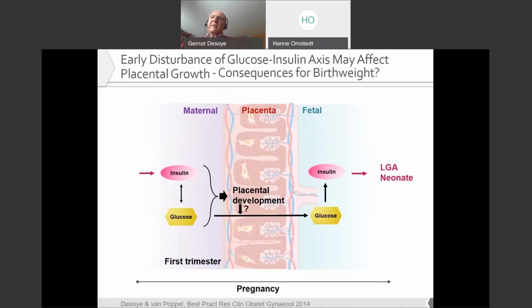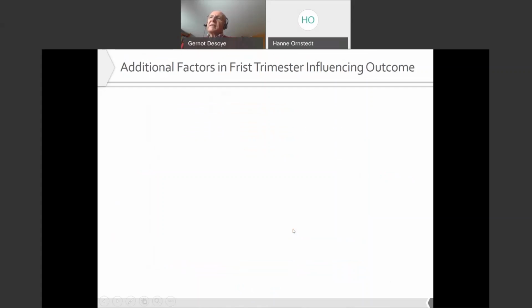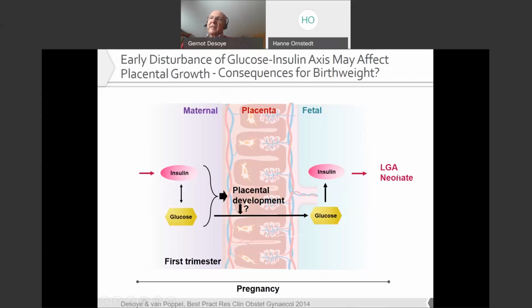And this, by whatever mechanisms, and there is a big question mark here, of course, can then lead to a change in the glucose insulin axis in the fetus, ultimately resulting in an increase in the proportion of LGA, or the proportion of neonates born with elevated birth weight.